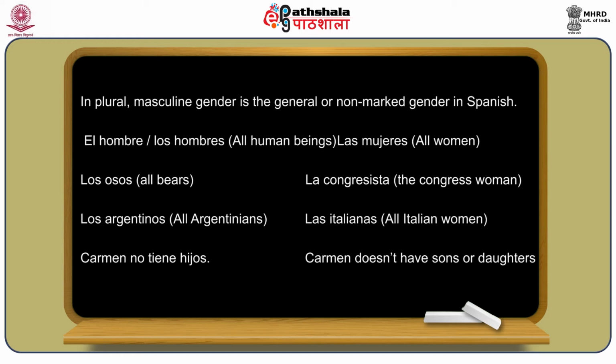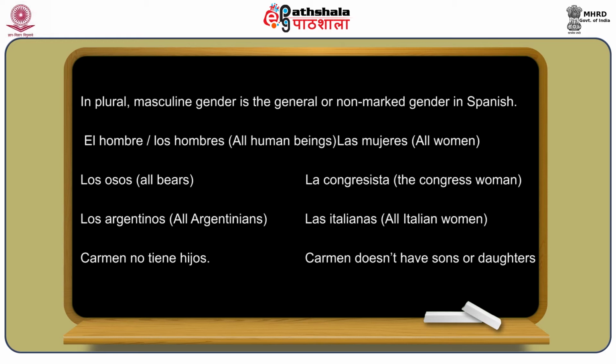Same way, if I say el oso, it is a bear, so if I say los osos, it will include all the bears. Same way, if I say la congresista, it will mean the congresswoman. But if I say los congresistas, then it will mean all the Congress members, male as well as female.